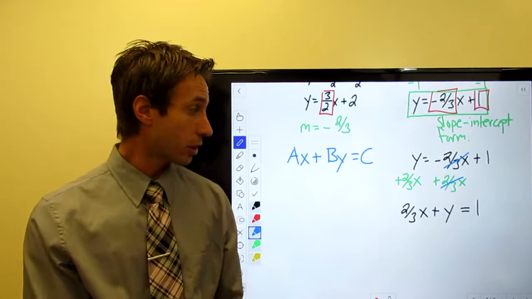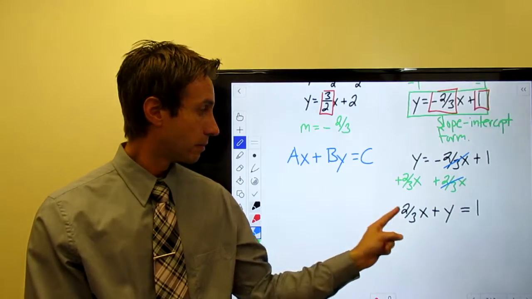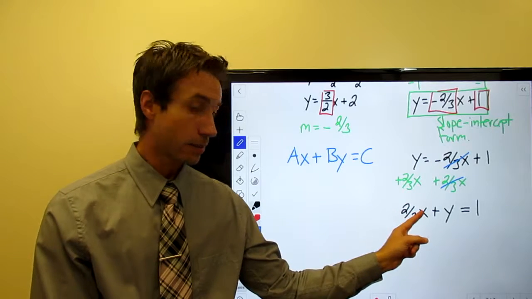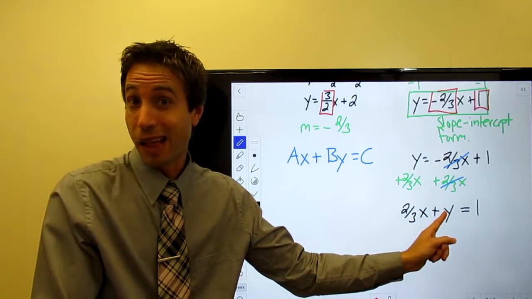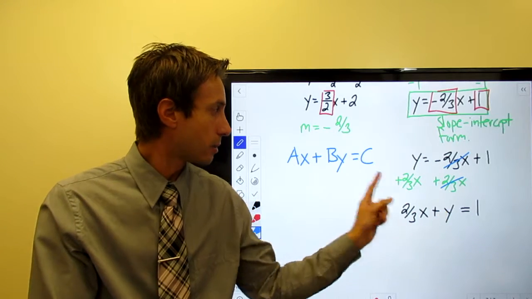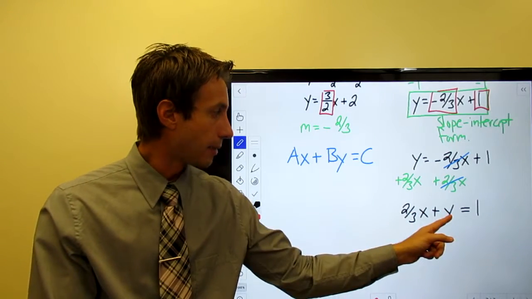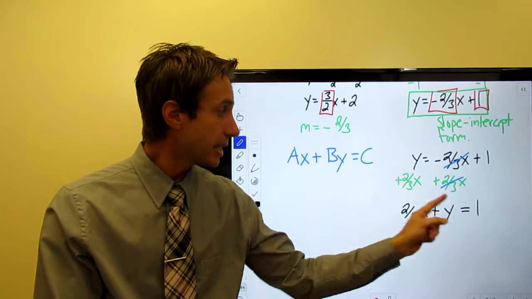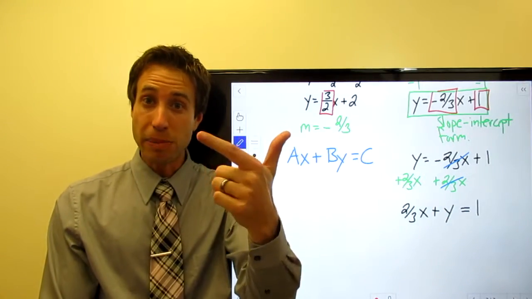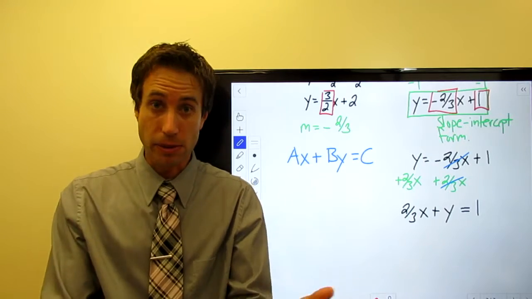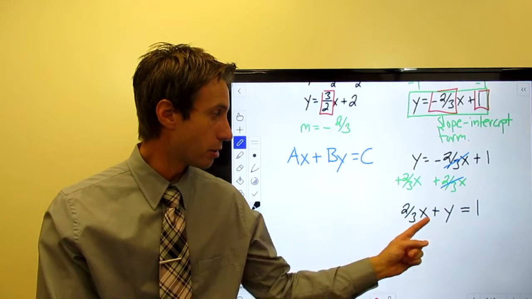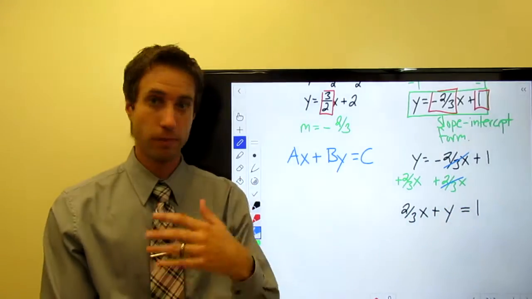Close, please look, right? Ax plus By, there's an implied 1 in front of that y, right? So Ax plus By equals C, right? A, B, and C need to be numbers. Just numbers. 2/3, 1, and 1.